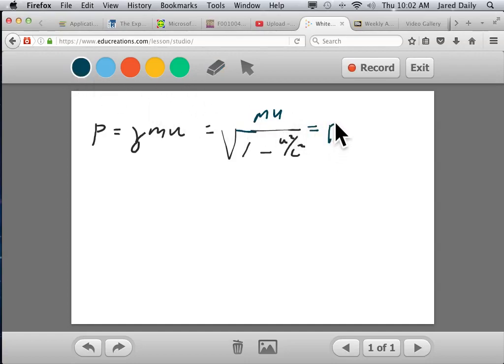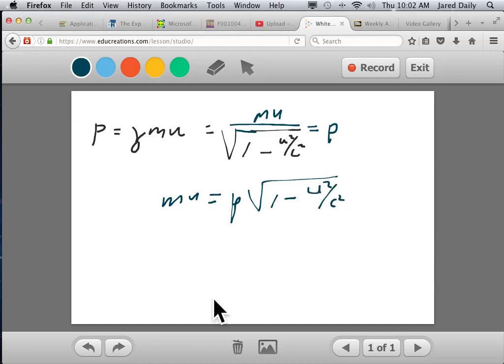So I'm going to start by getting rid of the stuff that's in the denominator down here. This is a fraction, remember. This stuff in the denominator, I'm going to multiply both sides by this square root. So I'm going to get m times u on the left side, and I'm going to get p times the square root of 1 minus u squared over c squared.